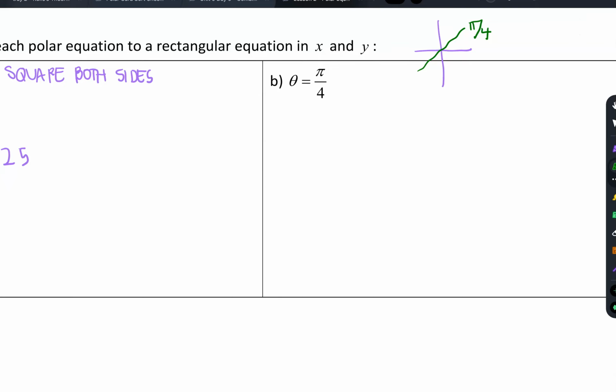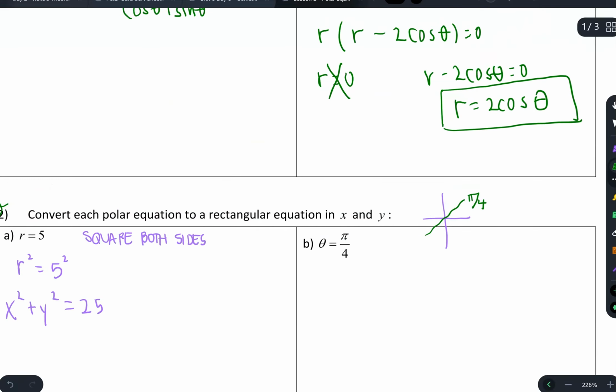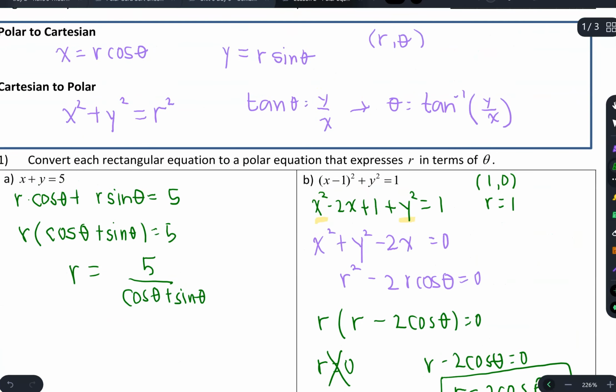Okay. So is there something that we could do to both sides to get it in terms of y over x? So tangent of theta is the same thing as y over x, right?